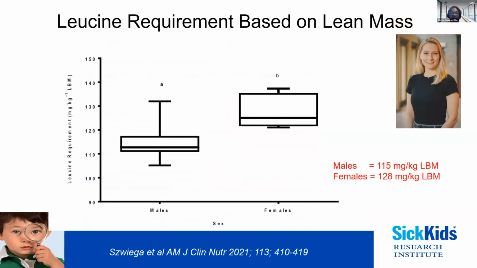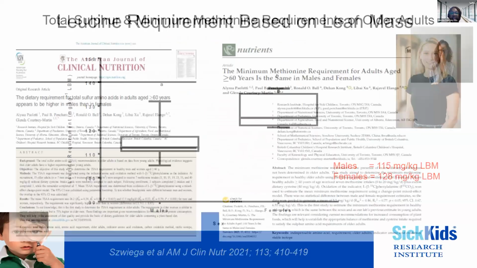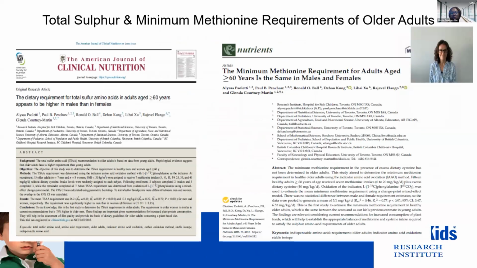And when we analyze or calculate based on lean body mass, it's 128 in older adults and 115 milligrams per kilogram lean body mass in older males. We also looked at the requirement for the sulfur amino acid because sulfur amino acid seemed to be limiting in the diets of older adults.